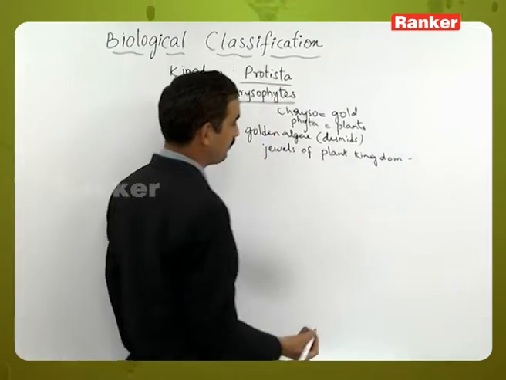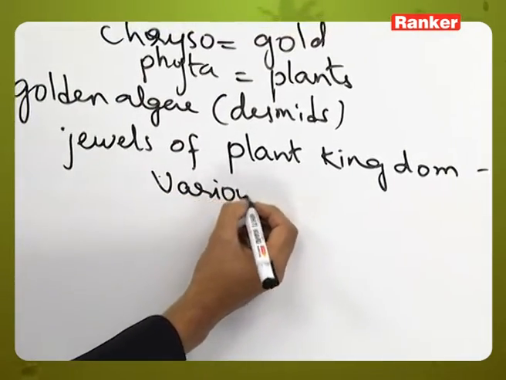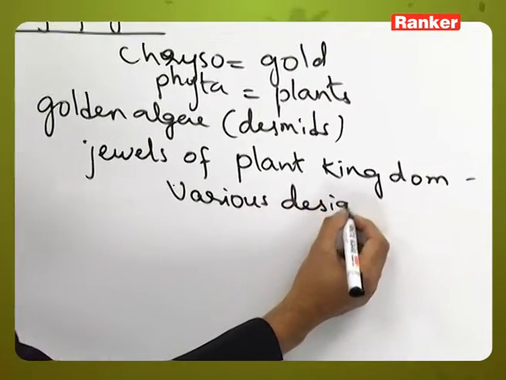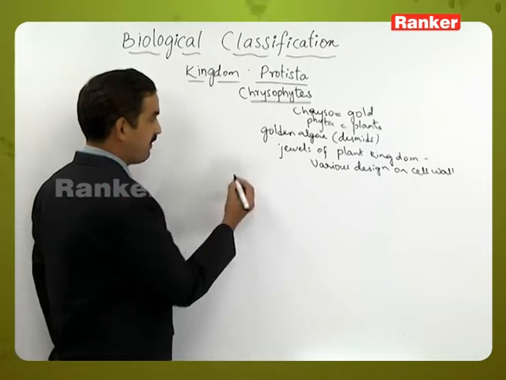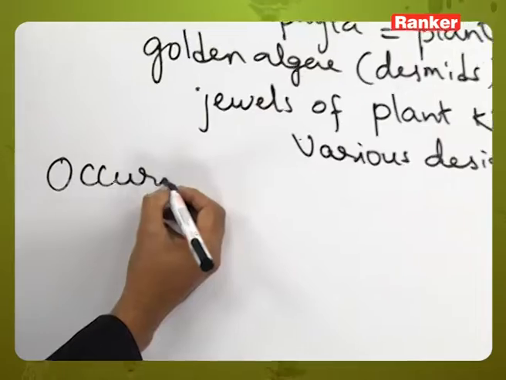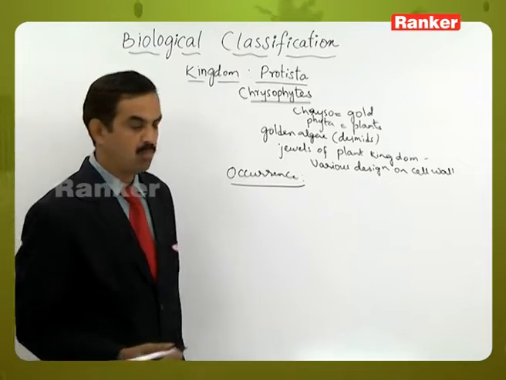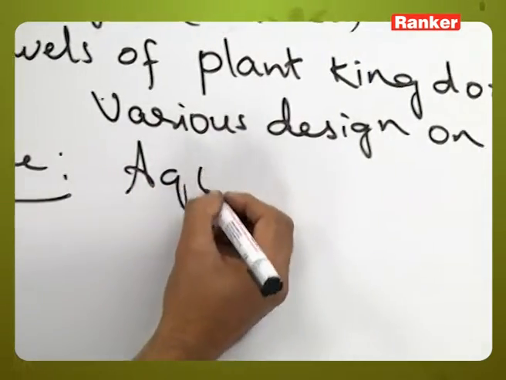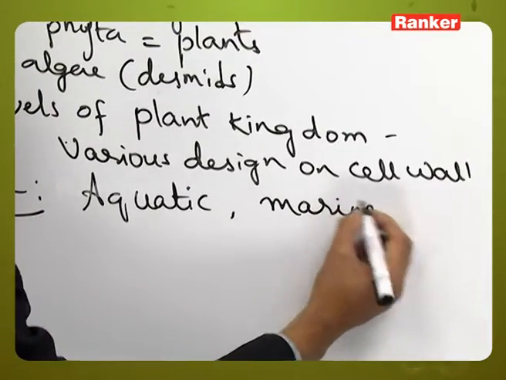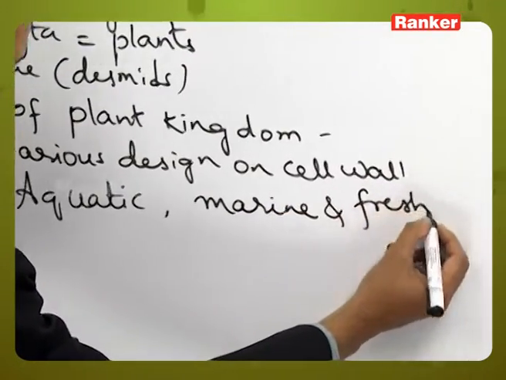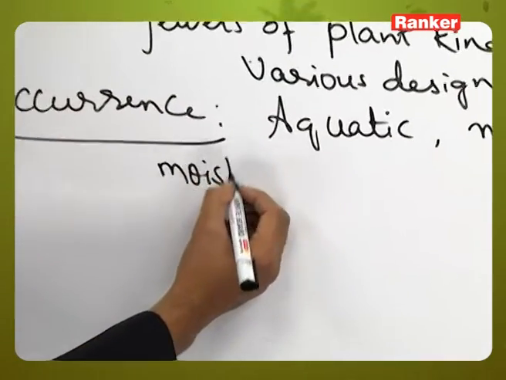Why they are called jewels of the plant kingdom is due to the various types of designs on the cell wall. Then where do they occur? These are mostly aquatic in nature, both in marine and fresh waters, and sometimes they may occur in moist terrestrial habitats.